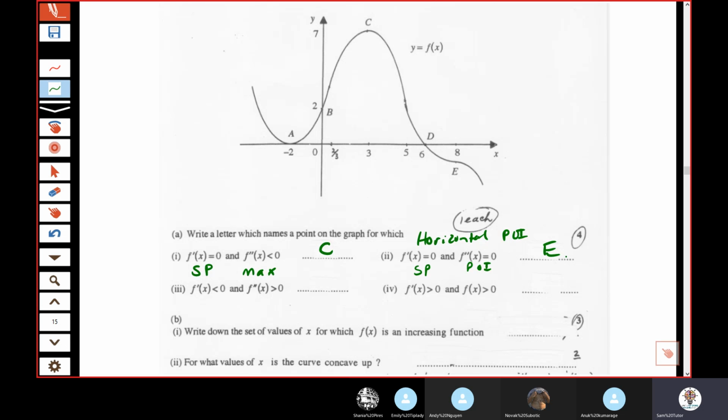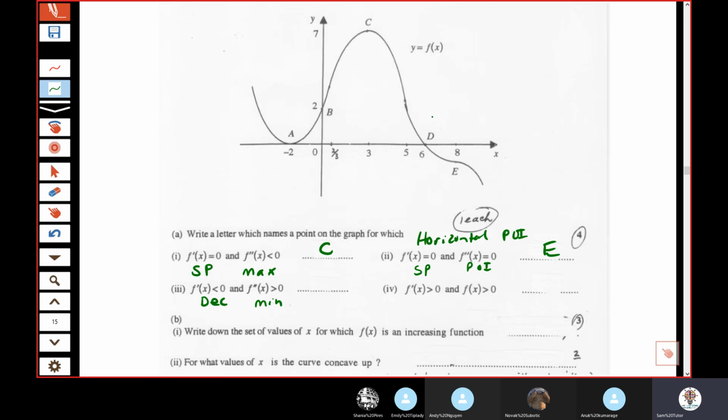Only 2 students got it right on Thursday. Y dash less than 0. What does that mean? On the left-hand side, decreasing. Y double dash greater than 0: minimum. So we want the point where it is a minimum and specifically decreasing.